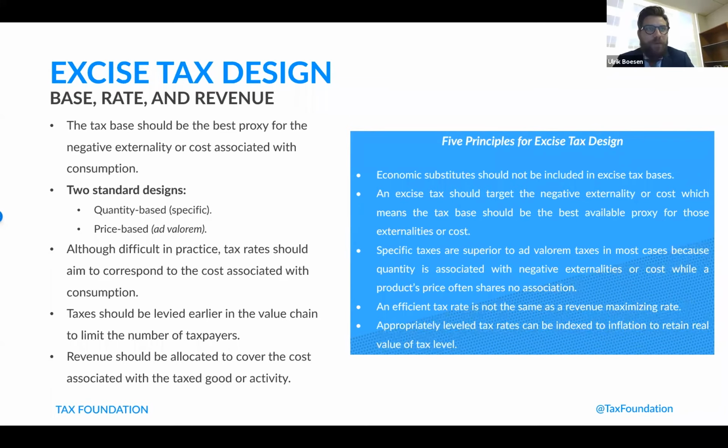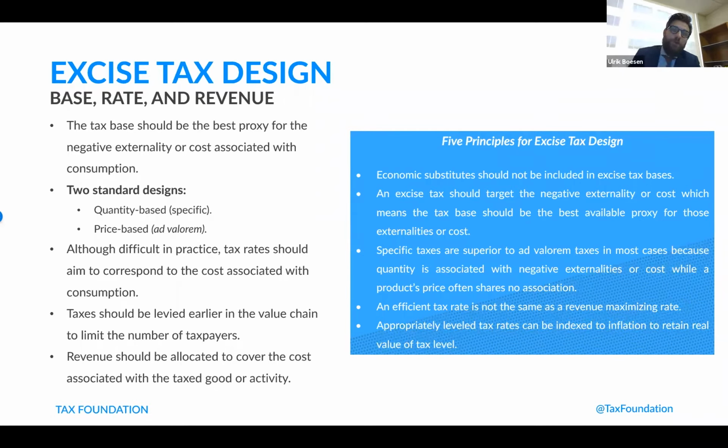So some examples would be tobacco by weight. It's the amount of tobacco that you consume that determines the harm. It could be alcohol by volume. Again, it's the amount of alcohol that you consume that determines the harm. Or motor fuel by volume. It's the amount of motor fuel you consume that works as a proxy for how much you use the roads.